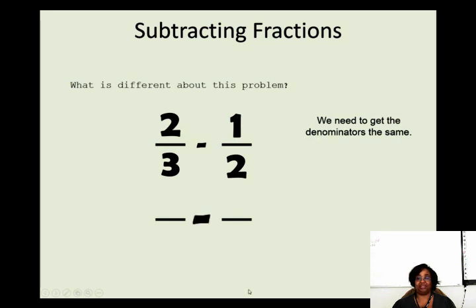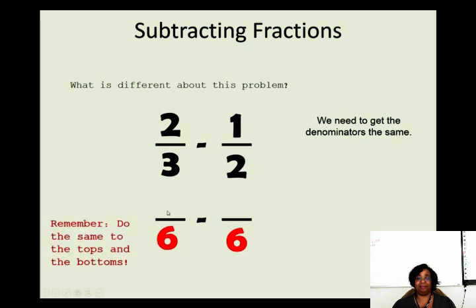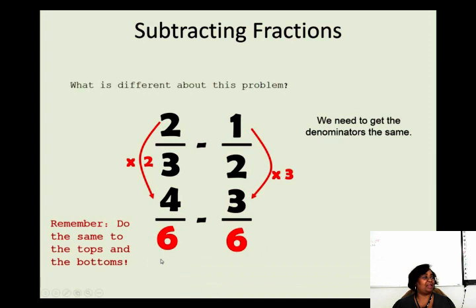So when I do that, my new equivalent fractions become, here we're going to multiply by 2. We get 4 over 6. Here we're going to multiply by 3. We get 3 over 6. So now that I have the same denominator, I can subtract. So 6 is my denominator, and I'm going to just take 4 minus 3.